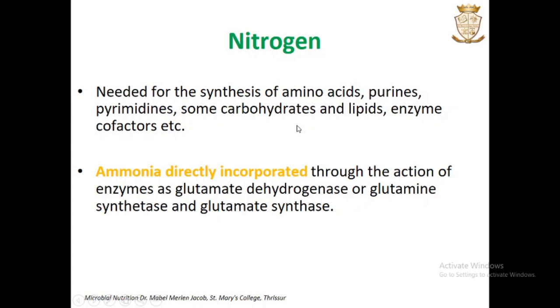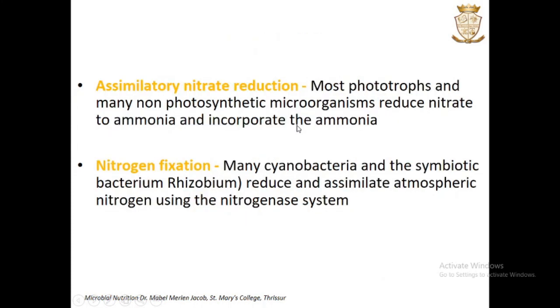Ammonia is converted to amines, which are then incorporated into amino acids.